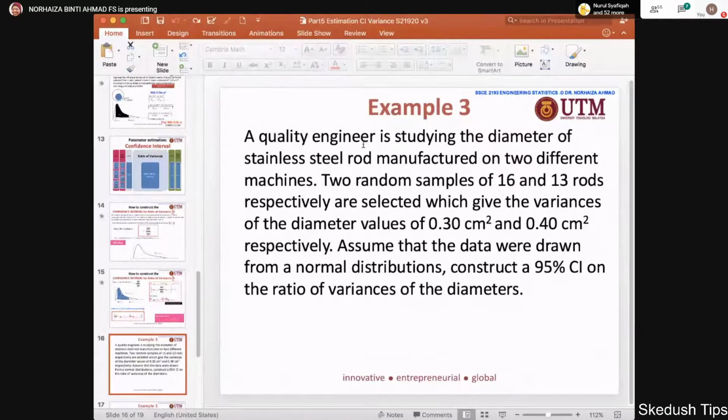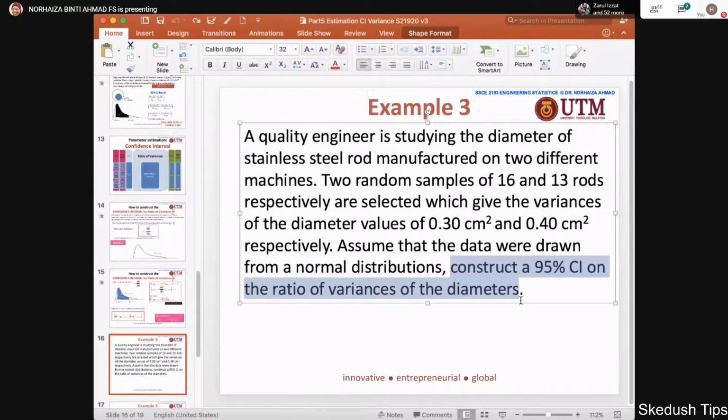A quality engineer is studying the diameter of stainless steel rods manufactured on 2 different machines. We've got 2 populations here. 2 random samples of 16 and 13 rods respectively are selected, which give the variances of the diameter values of 0.3 centimeters squared and 0.4 centimeters squared respectively. Assume that the data were drawn from a normal distribution. Construct a 95% confidence interval for the ratio of variances of the diameters.